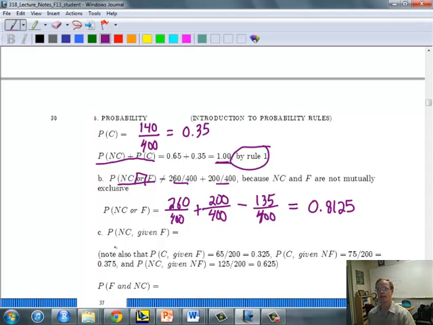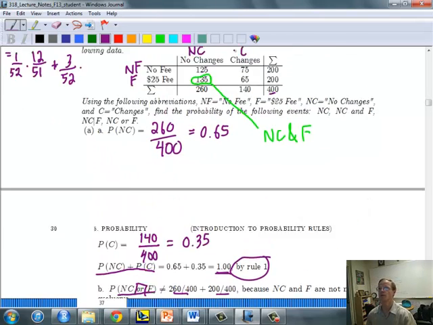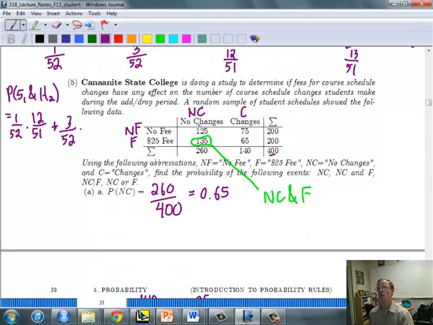Okay, lastly, I'd like to write out no change given phi. So for this one, we have no change consisting of a group of only 260 students. The phi group consists of these 200 students, and so if we want the probability of no change given phi, then there's 200 students in the phi group.